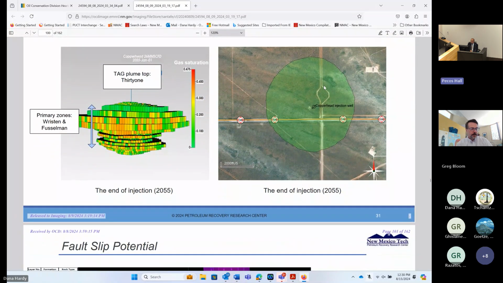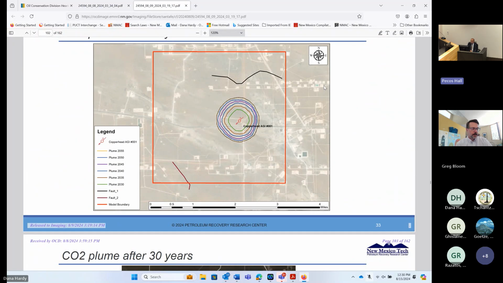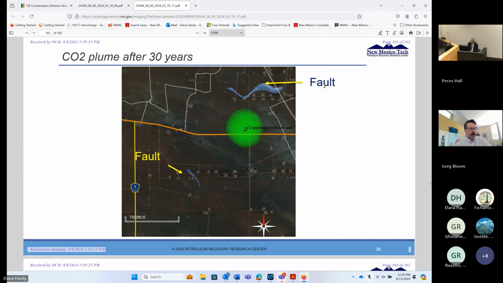Definitely there is going to be brine migration, so maybe something to look into. And also for NMOCD, especially when they are coming back after 5 years to give an update, it's something for us to keep an eye on.